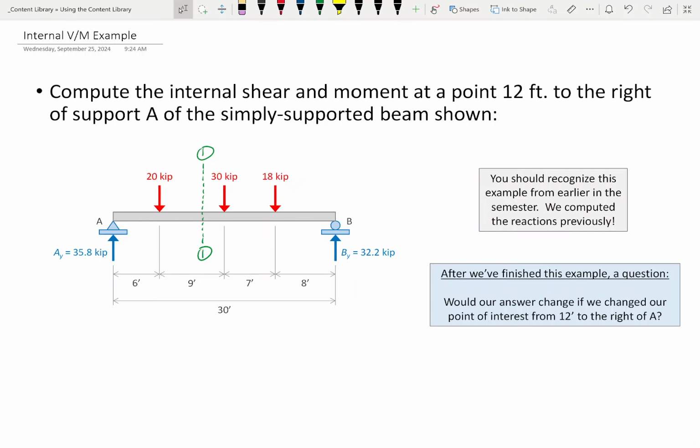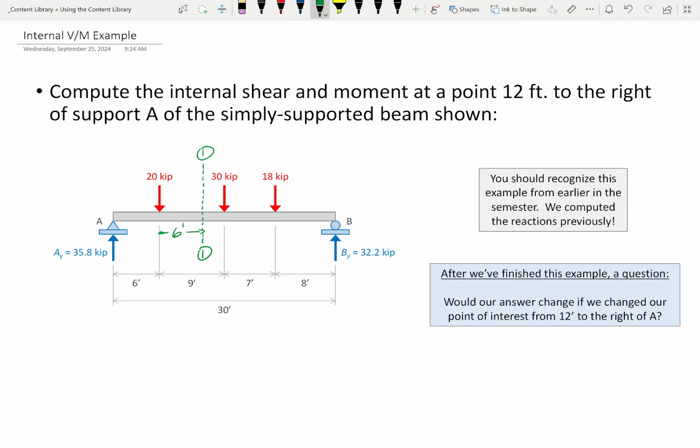If it's 12 feet to the right of support A, what's this distance? 6. Okay? And I'm going to determine the internal shear and moment at that particular point.